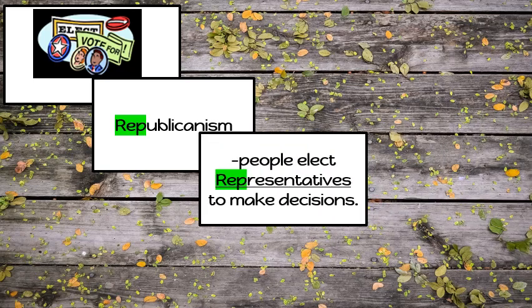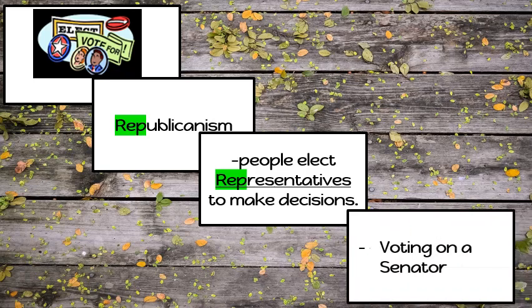Republicanism is where people elect representatives. Notice the highlighted portion. They're the same. That's because in republicanism, we elect representatives to make decisions. And if you think back to some of the things we've discussed, like Congress, and how we'll be represented under that great compromise, those people in Congress, they are our representatives.